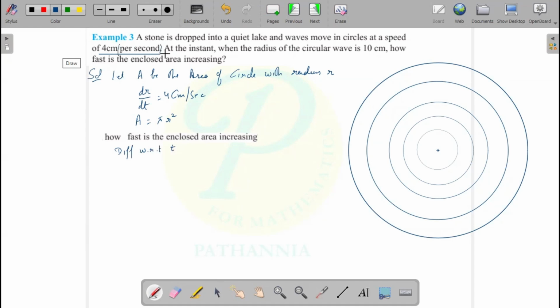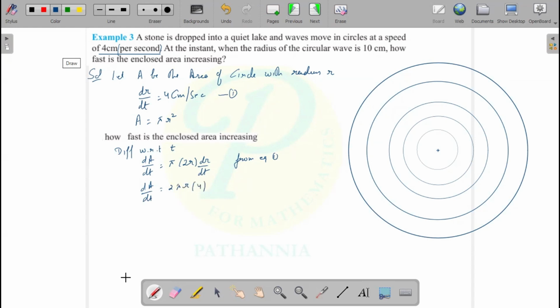time per second. So dA upon dt is pi, the differentiation of r square is 2r, and then the differentiation of the base. From equation first, dA upon dt is equal to 2 pi r, whereas dr upon dt is 4.